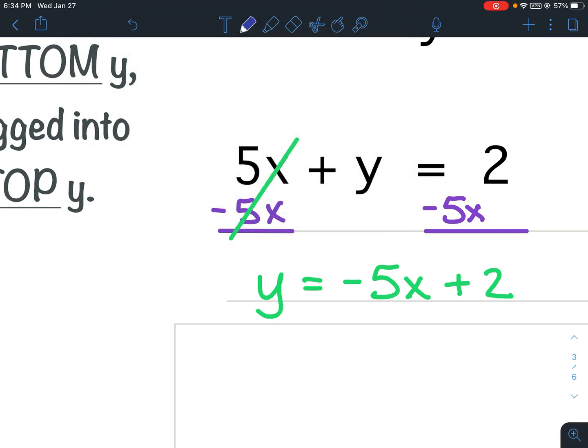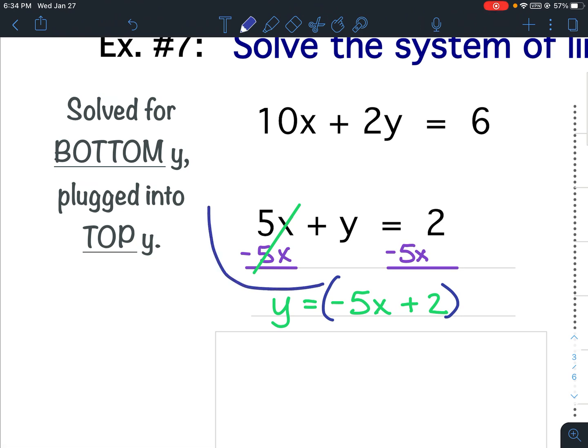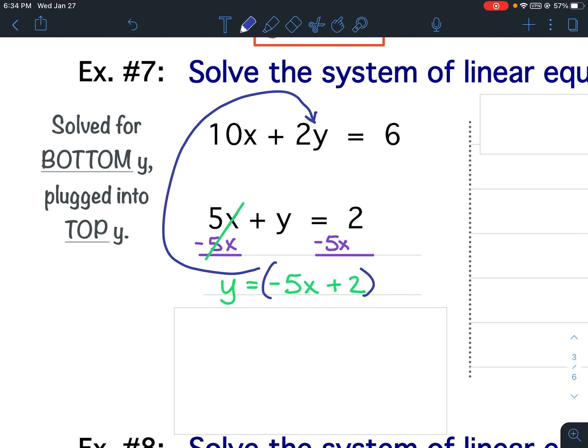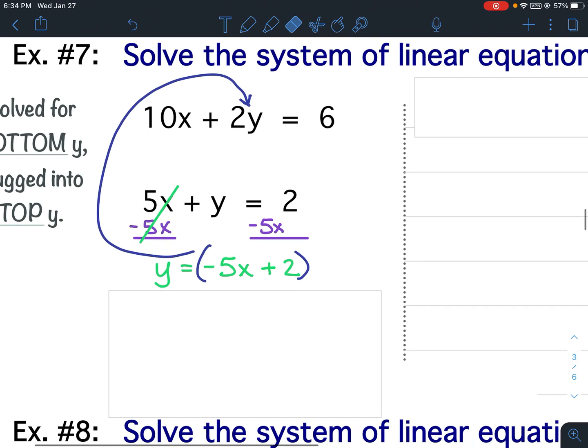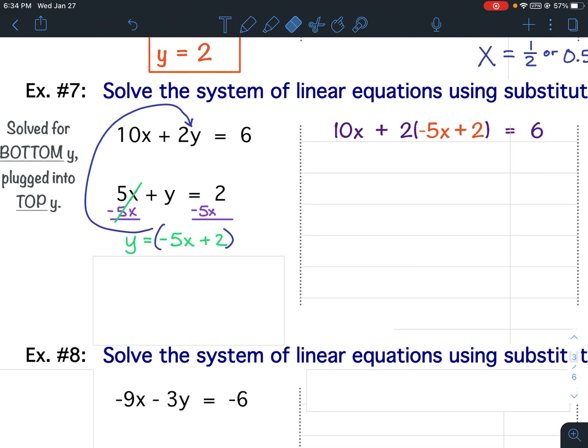Now, I solved for the bottom y, so it will substitute into the top y. And that would look like this: 10x plus 2 times, the same, but the y is replaced with -5x plus 2.